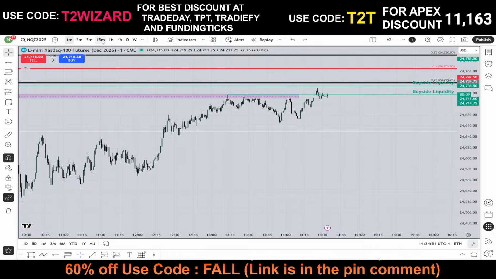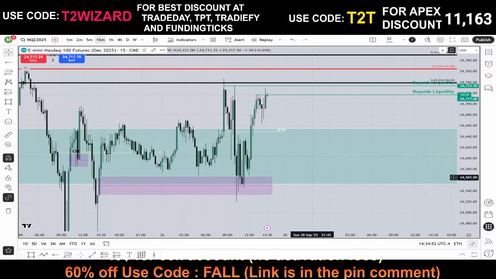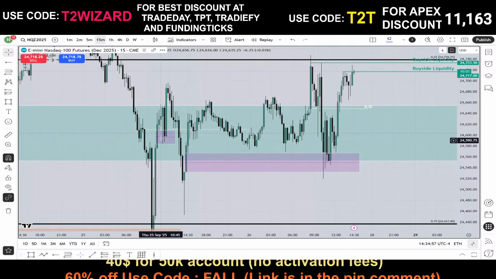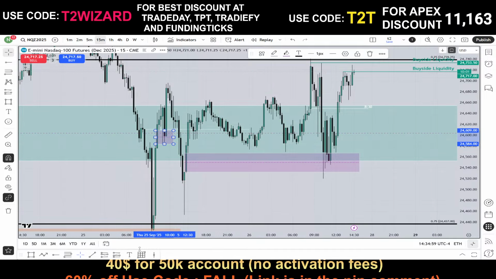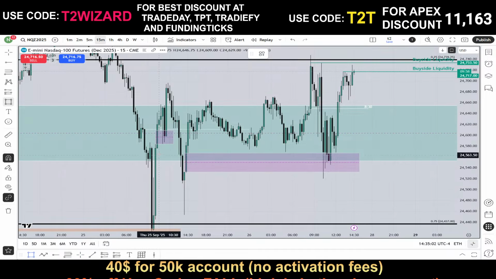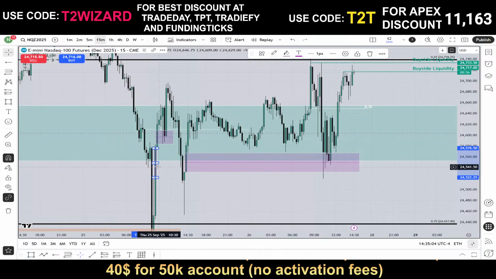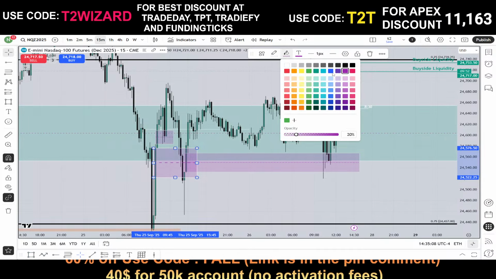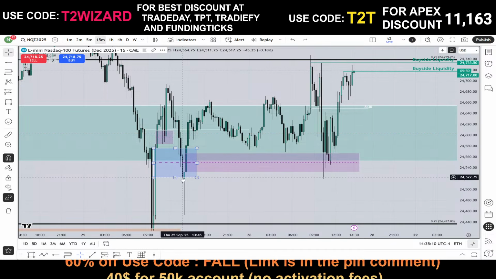I'm coming to the 15-minute chart. This is the 15-minute chart. I would love to add from the beginning. This gap, let me actually put it this way, has been closed, okay?